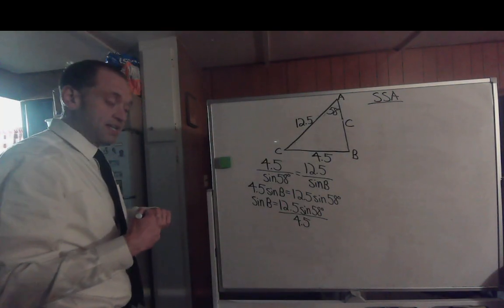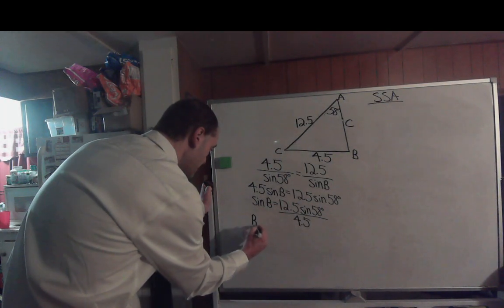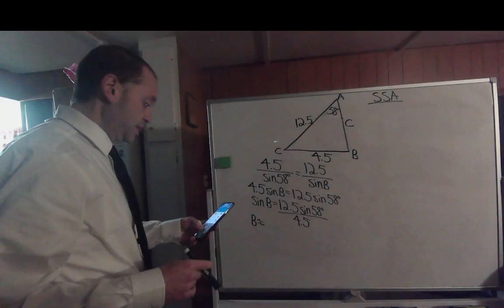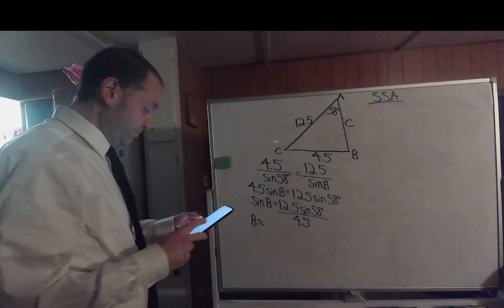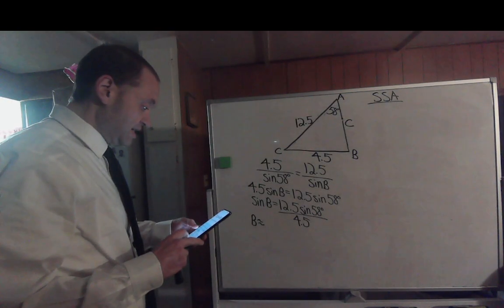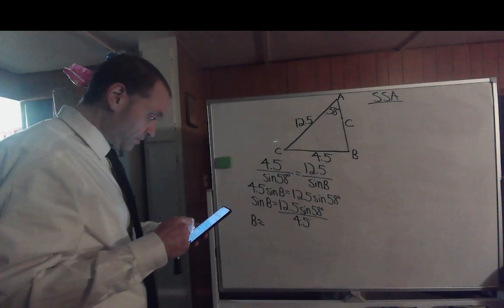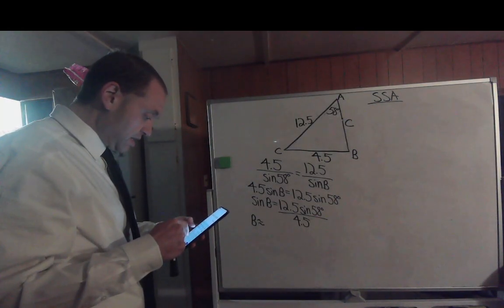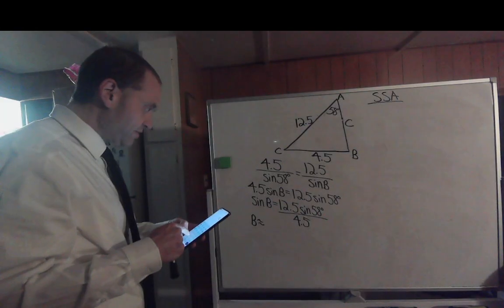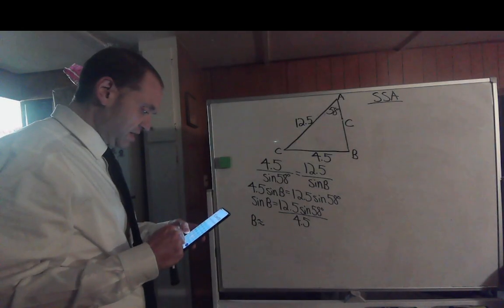Now, of course, I think it's obvious we want to take the inverse sine of all this, so we can get a 2 decimal place approximation for angle B. So let's go ahead and do that. So 12.5 times the sine of 58, divide that by 4.5.